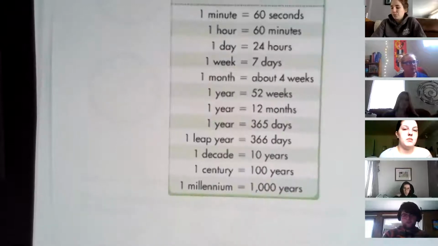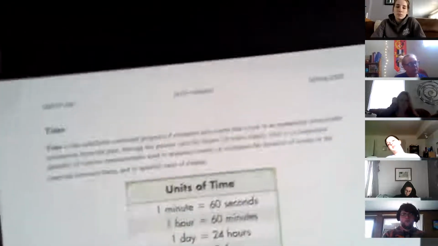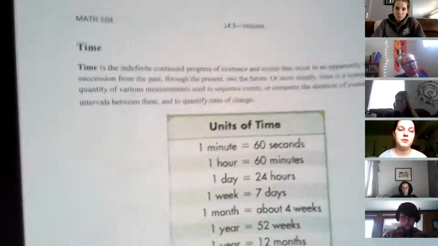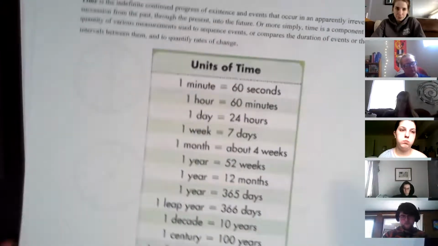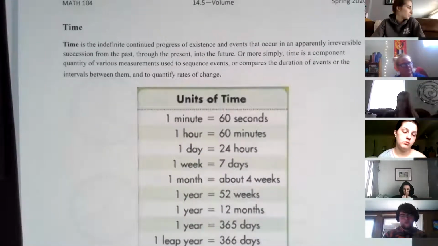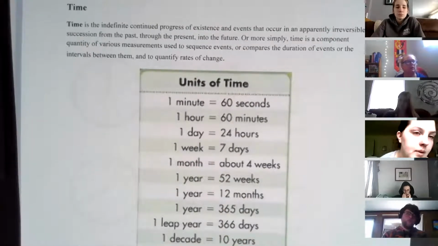All right. Time is another unit of measure, but they didn't put this in the book, which I thought was weird, considering that this is one of the very common standards addressed in elementary school. So I figured that we would talk about time a little bit.